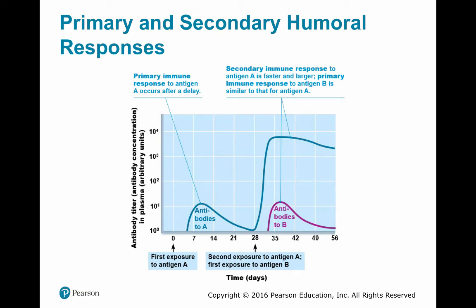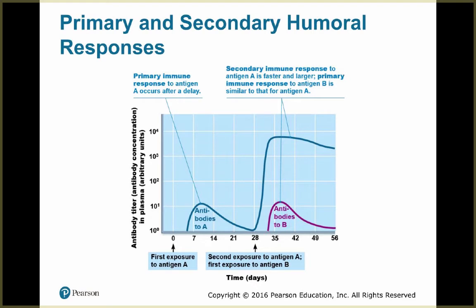So if you can see here, this is a graph showing how many antibodies are there, the concentrations. For your first exposure to A, you can see that about day 6 you'll start getting antibodies, peaking at day 10, and then you can see it go down. Then at day 28, you're exposed to that same antigen again.